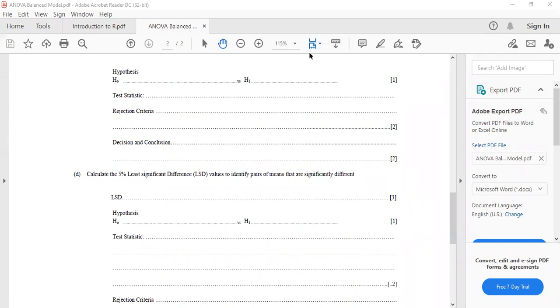David, can you give us y bar 1 dot minus y bar 2 dot, in absolute?